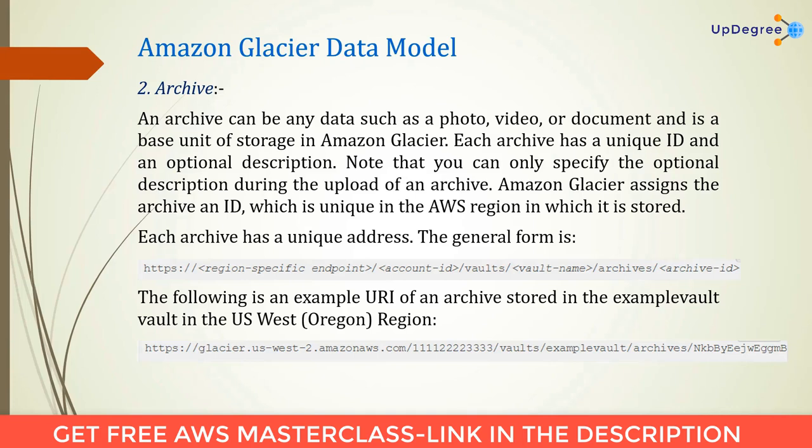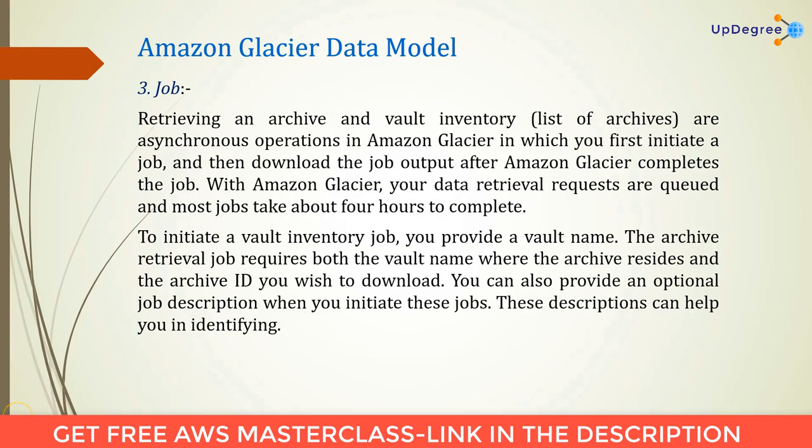The following is an example URI of an archive stored in the example vault in the US West region. https://glacier.us-west-2, that is the region, .amazonaws.com/account ID/vaults/example vault/archives/archive ID.